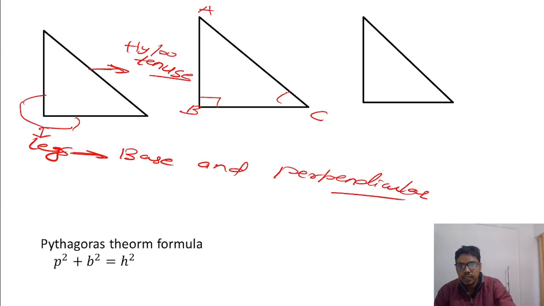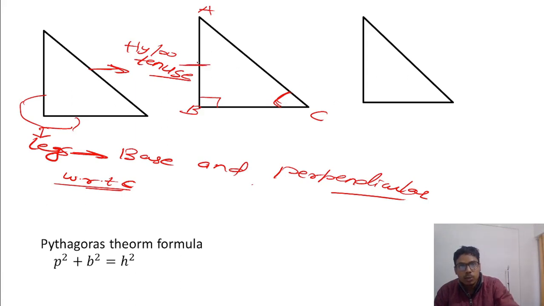Here the angle is C. With respect to C, the side in front of C, the side opposite of angle C. Which side is opposite of angle C? That is the side AB.